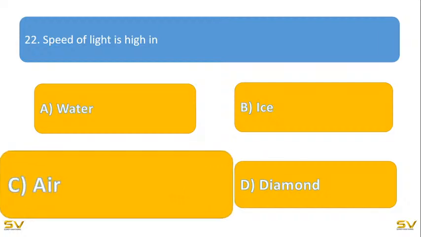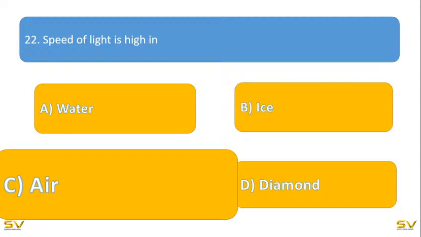Yes, your answer, air, C, is correct. The value of the refractive index of air is very low when compared to water, ice and diamond. So where the refractive index is low, there the speed of light is high. Okay, very good. Now coming to the next question.